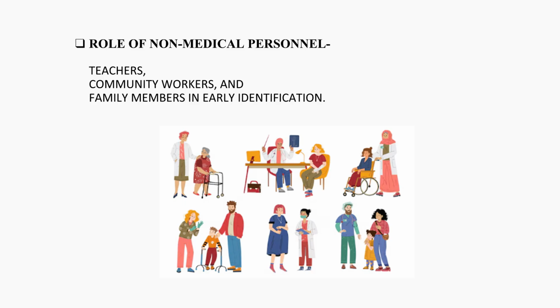We have the role of non-medical personnel like the teachers, the community workers, and the family members in early identification. Teachers can observe the children in the school and share it with their supervisor. Family members can also be involved in the early identification process by sharing information about the child at home, such as their favorite toys, communication skills, and response to routines.